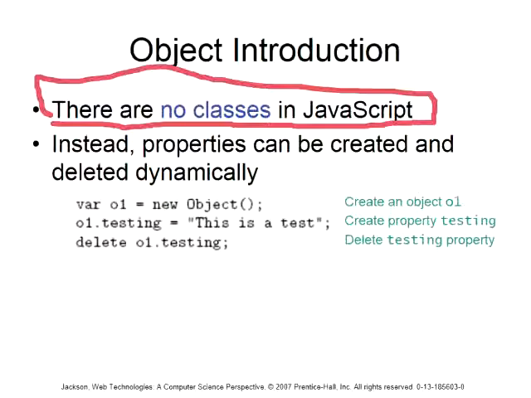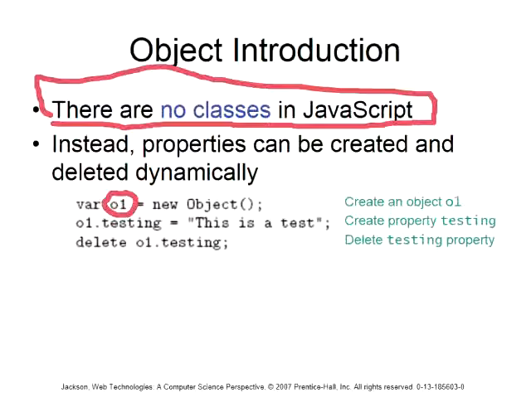It is very simple. We just write var and the object name. For example, var o1, this is the name of the object. After that, equal new Object.